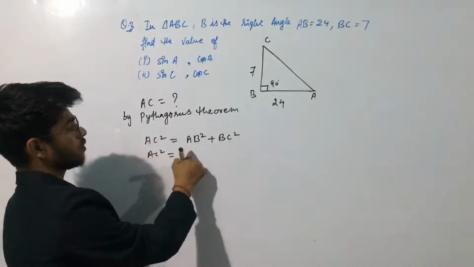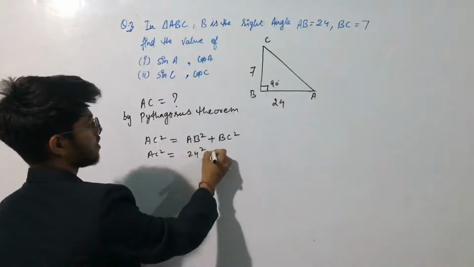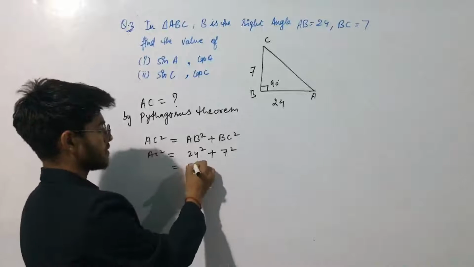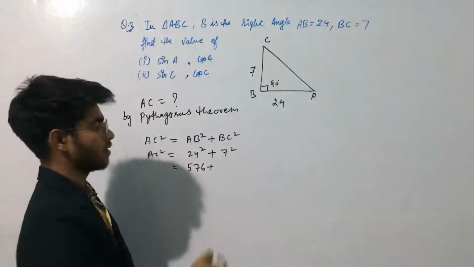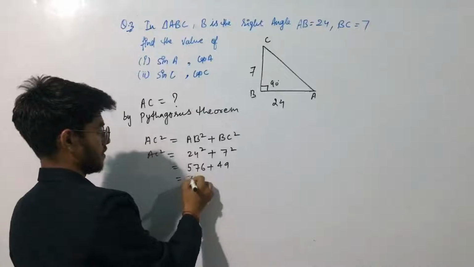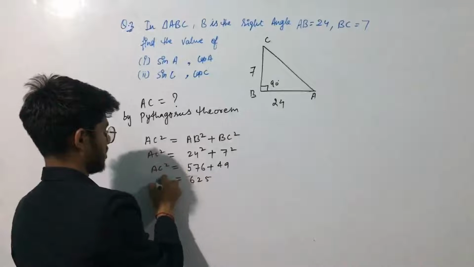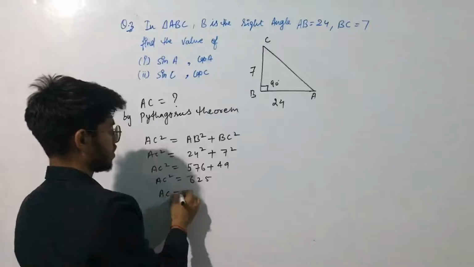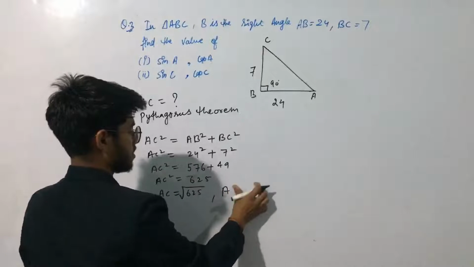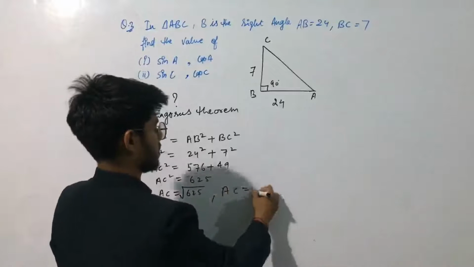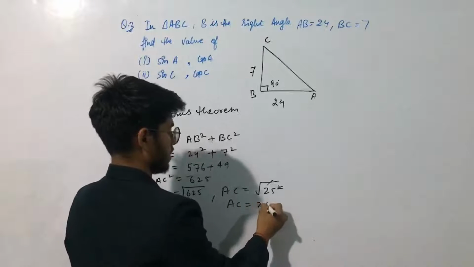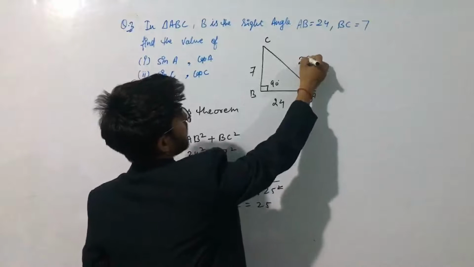AC square is equal to 24 square plus 7 square. 24 square is 576, 7 square is 49, so 625. AC is equal to root 625. The square root cancels, so AC is equal to 25.